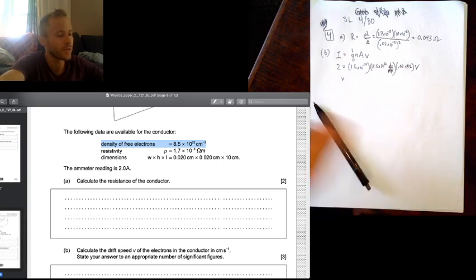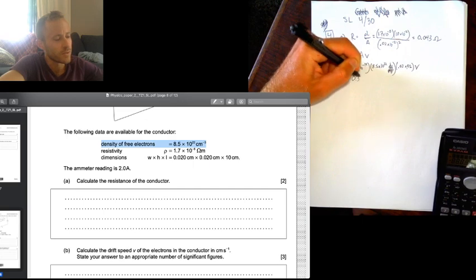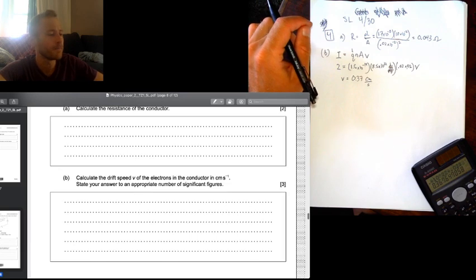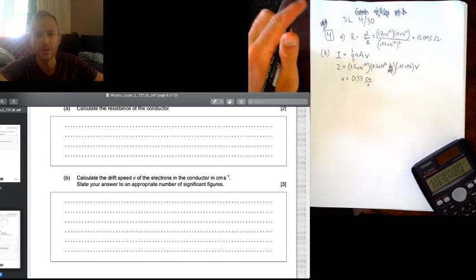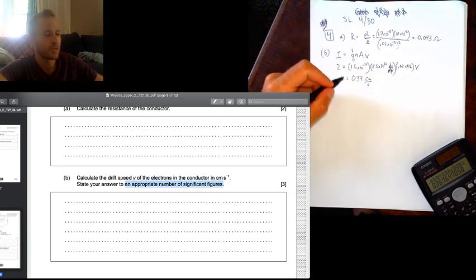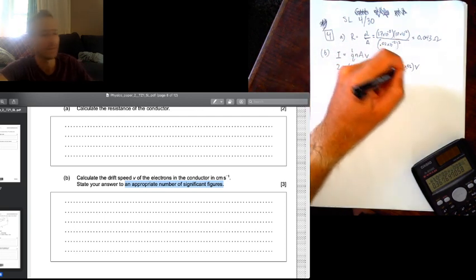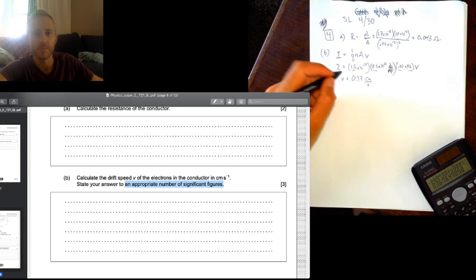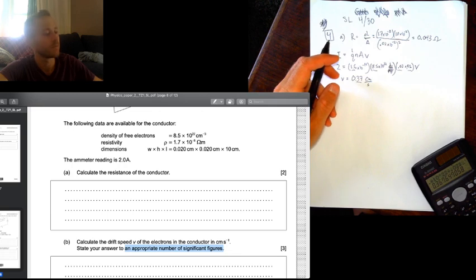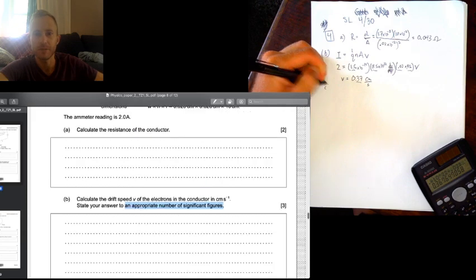Yeah, and so I got that the drift speed is 0.37 centimeters per second. Notice how it says an appropriate number of significant figures. Basically, none of the information is given to us with more than 2 significant digits. So I shouldn't give my answer with more than 2 significant digits. That was nice and easy.